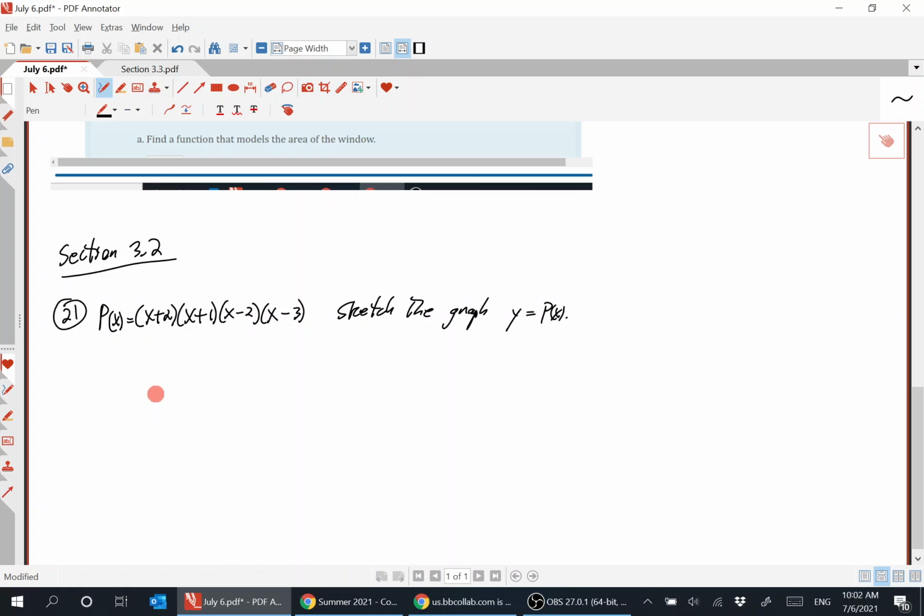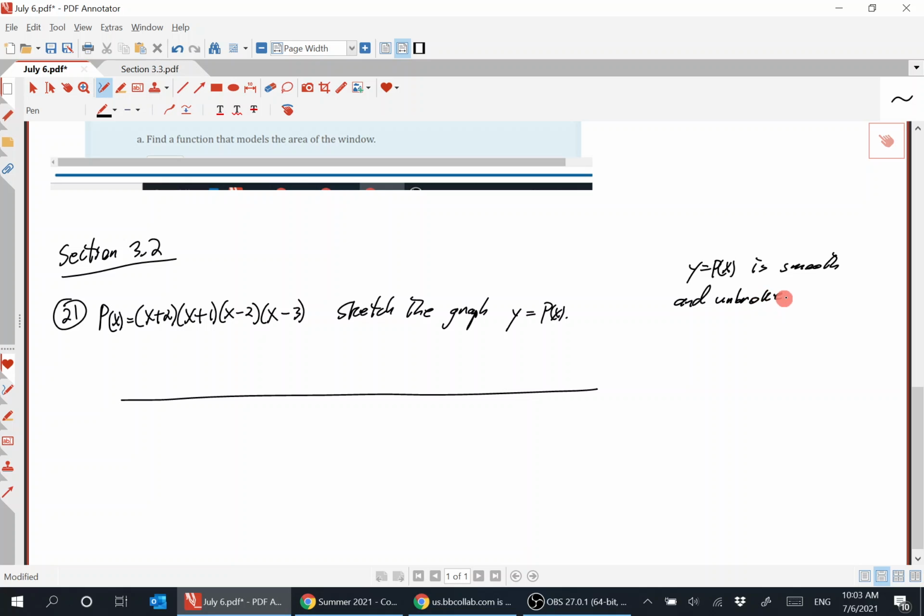Okay, so the assumptions we make about the graph is that it's smooth and unbroken, right? And each end of the graph either goes to plus infinity or minus infinity. So smooth meaning it's not kinked ever, there's never a corner. It is smooth and unbroken.